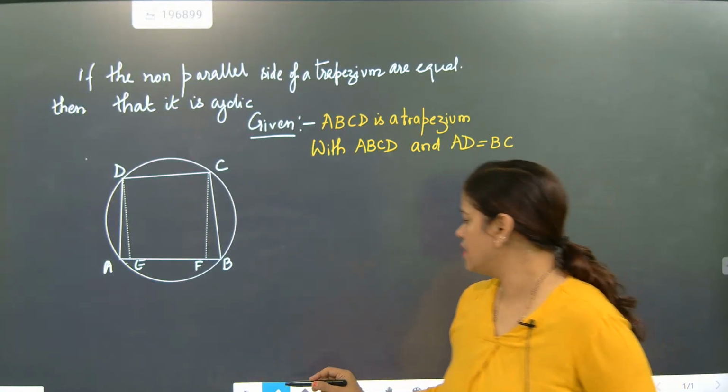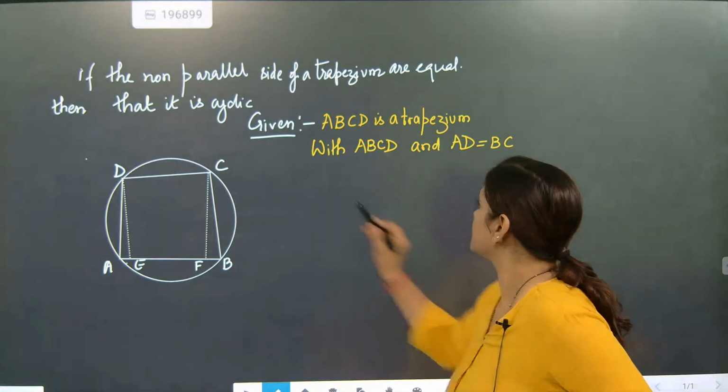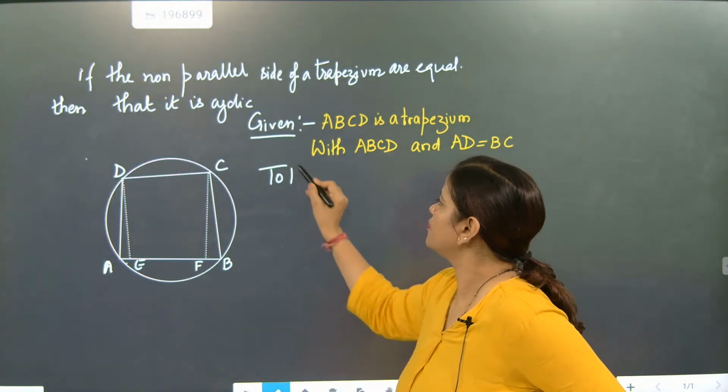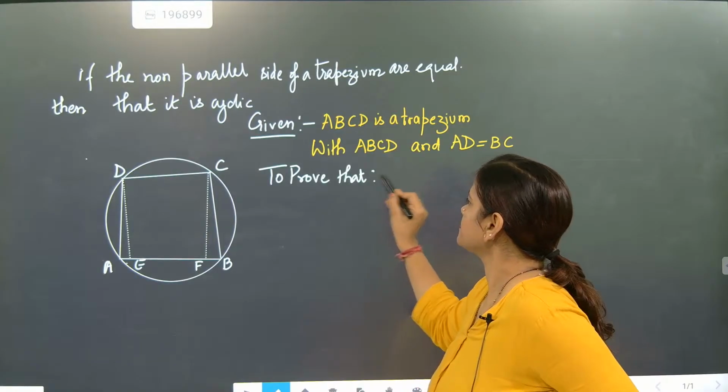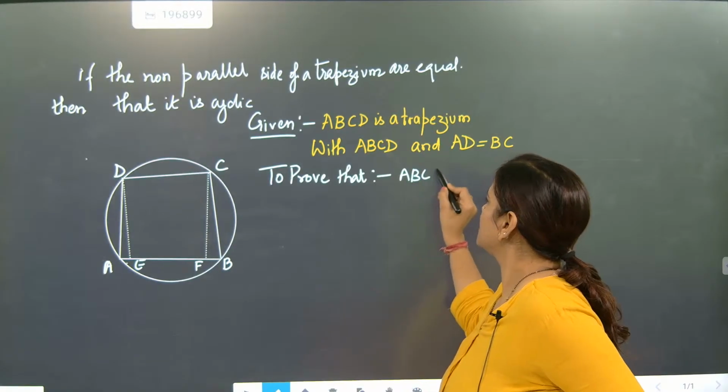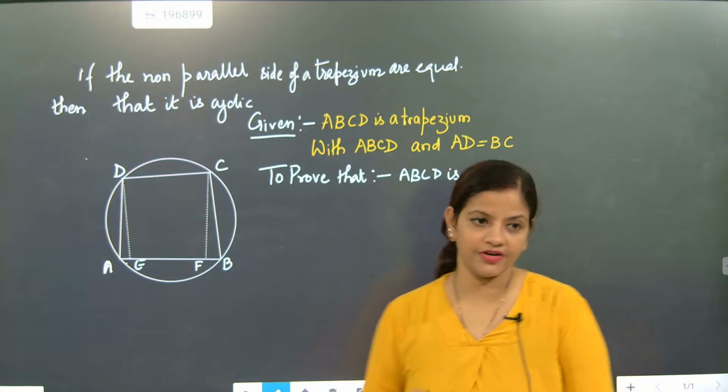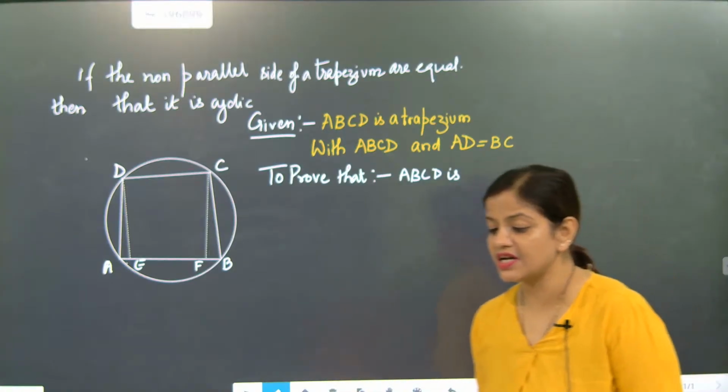This part is done. Now what we need to prove? To prove that ABCD is cyclic. Understood? In short, what we can say, beta?